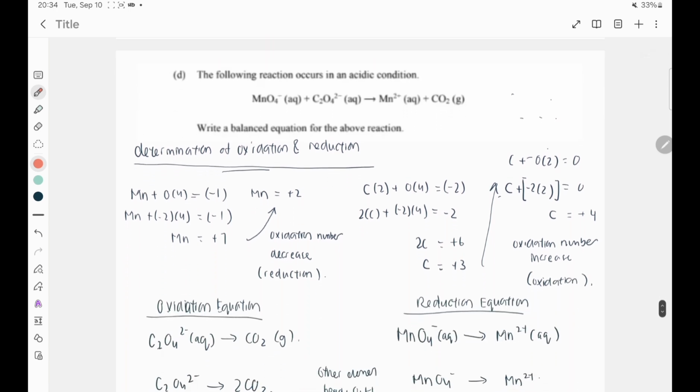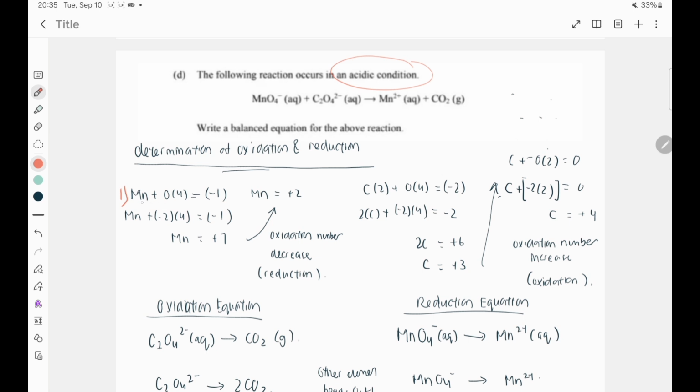For part D, it is stoichiometry in balancing equations. It is in acidic condition. First of all, you need to determine which one is oxidation and which one is reduction, so you will need to calculate the oxidation numbers. This is the calculation for Mn. Magnesium here, no, it's manganese, sorry.